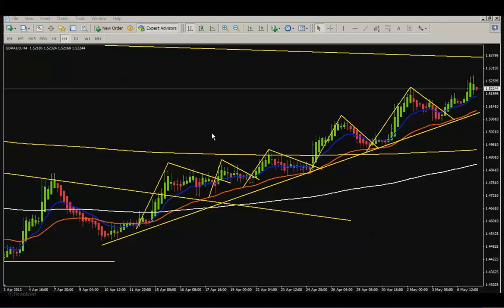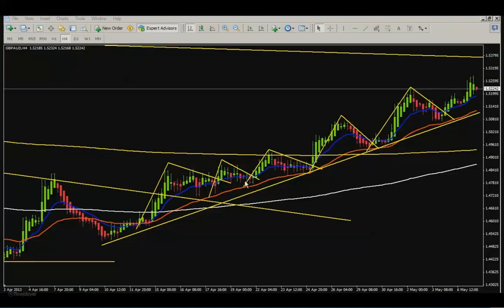Right now you just want to know about the setups, how they look like, that we are looking for 1, 2, 3 setups after trend line breaks, and how to draw support and resistance lines in order to find these setups.